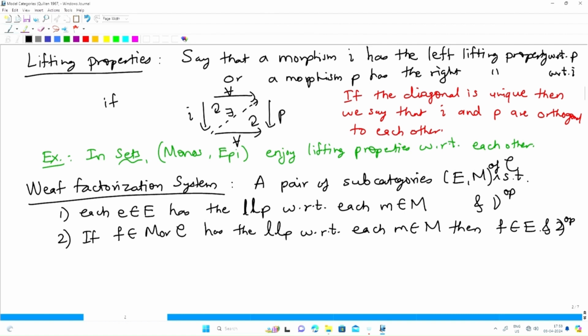And lastly, this is 1-op, 2-op, and the third condition is that if F belongs to morphisms of C, then there is a factorization like this.